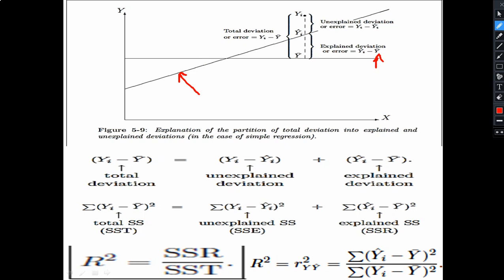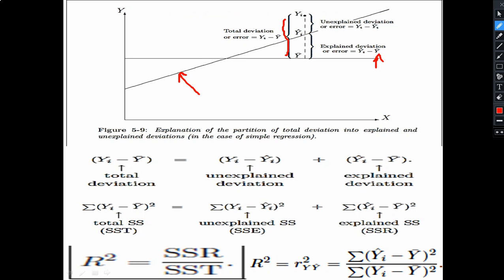And when we look at this, this is the total deviation of error. This total deviation of the error is partitioned into two partitions. The first partition is the unexplained deviation of error, and the second one is the explained deviation of error.